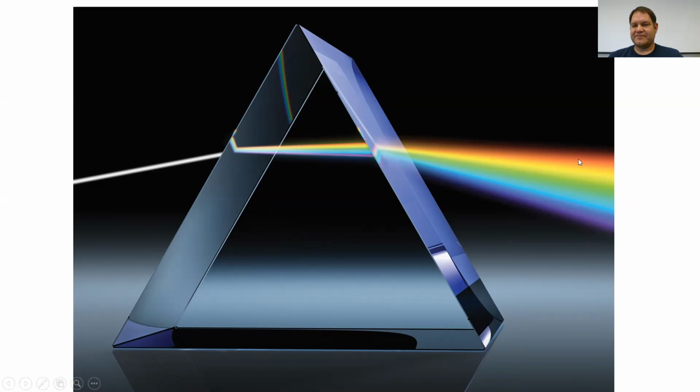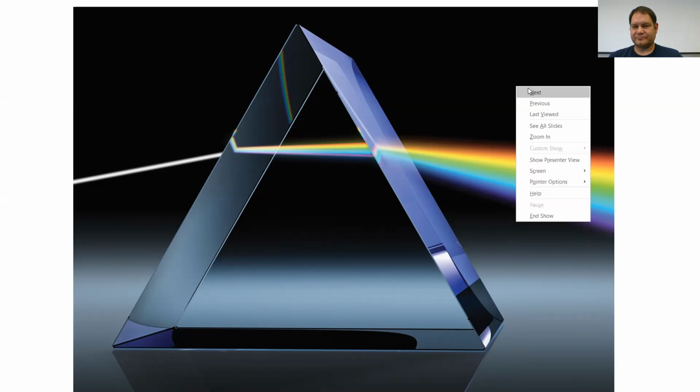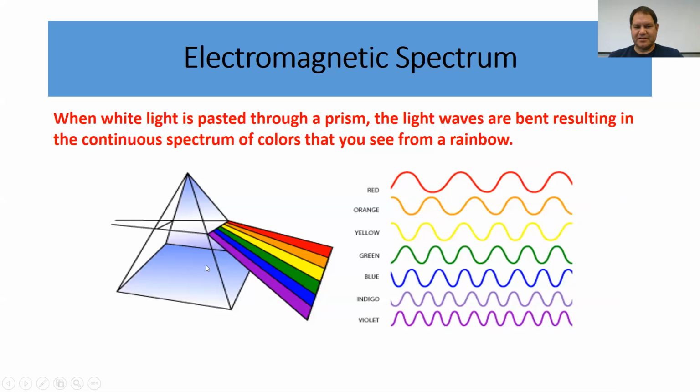But what we're going to do is focus on what these colors really mean, what they represent here. So as you bend light through the prism, as is depicted in this diagram here, the different colors represent a result of different electromagnetic waves, essentially, okay?